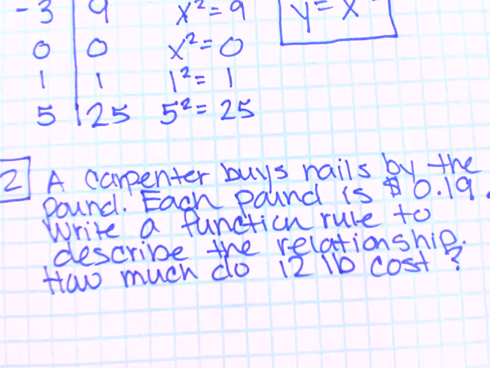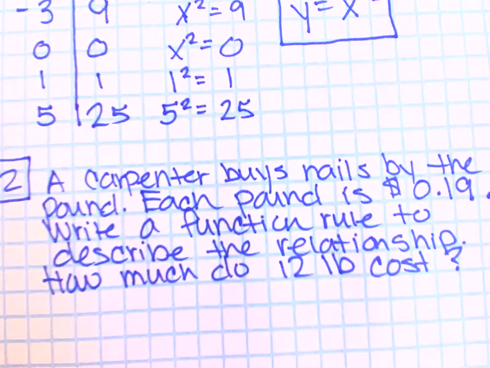So he's buying nails, they're 19 cents a pound. So I'm going to write an equation, a function rule. Then I'm going to solve it to see how much 12 pounds cost. So I'm going to always go back and see what I need in here.